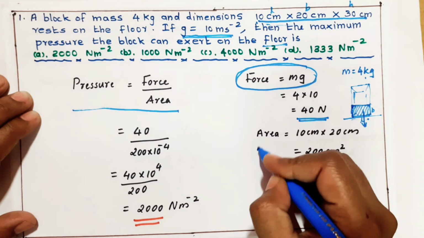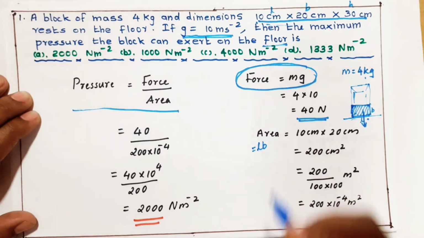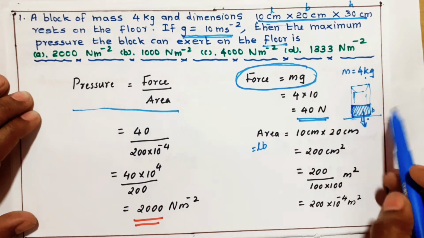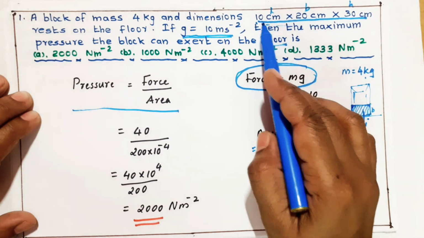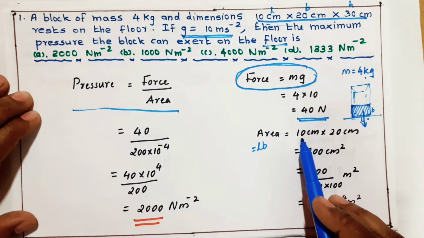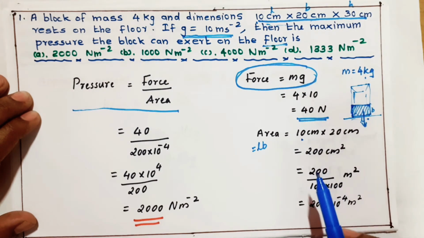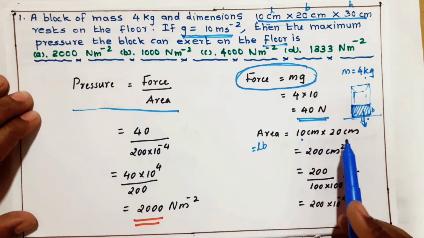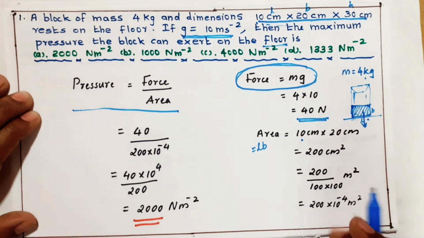Next part is we have to calculate area. Area is nothing but length into breadth. What are the length and breadth? The first two dimensions, 10 centimeter into 20 centimeter, is 200 centimeter square. Then remember, centimeter square is not an SI unit.